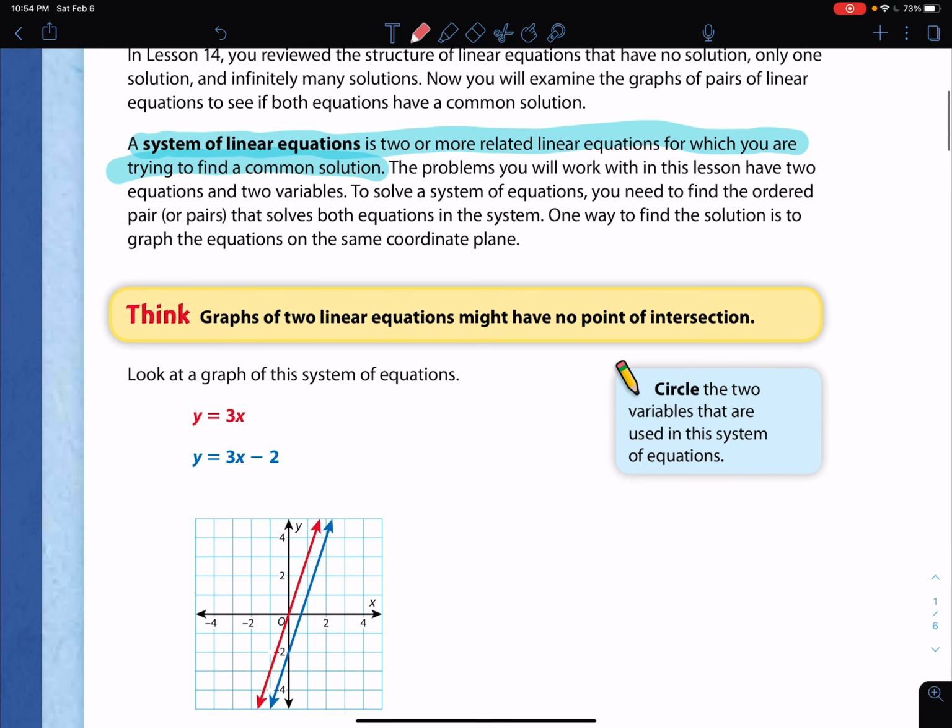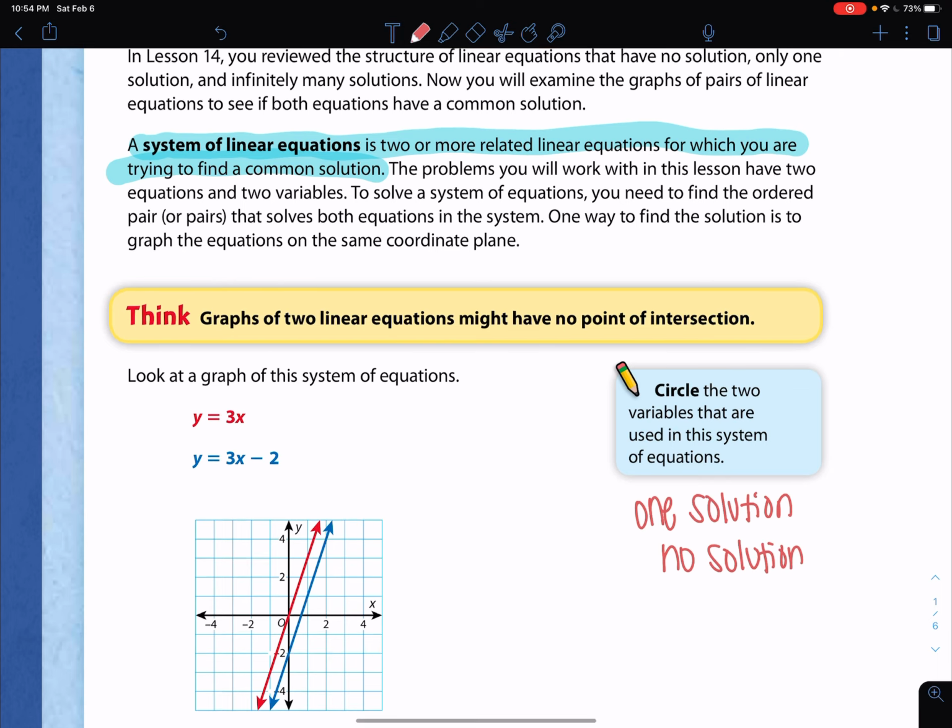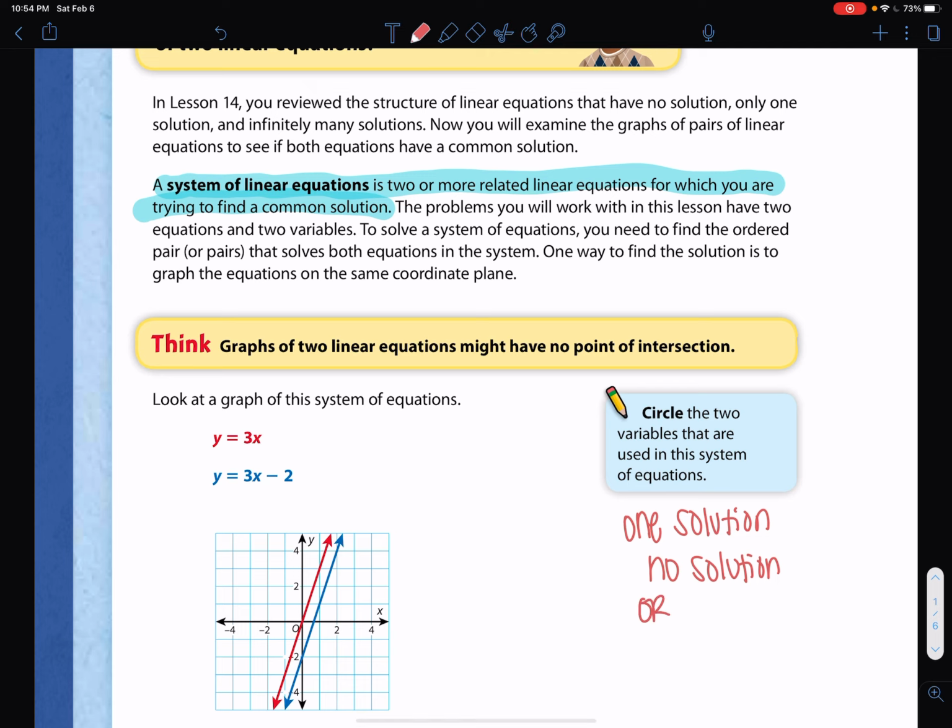So just like we talked about in our last lesson, there are three options for the number of solutions an equation or system of equations can have. It can have one solution, no solution, or infinitely many solutions.